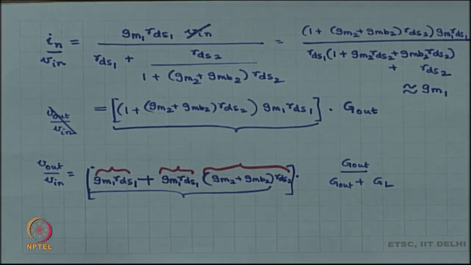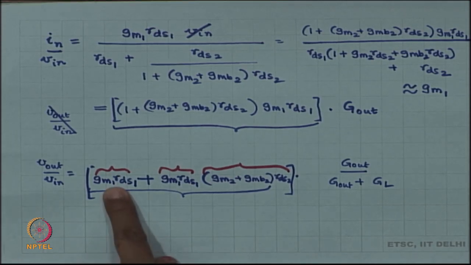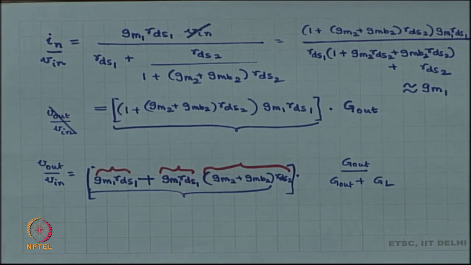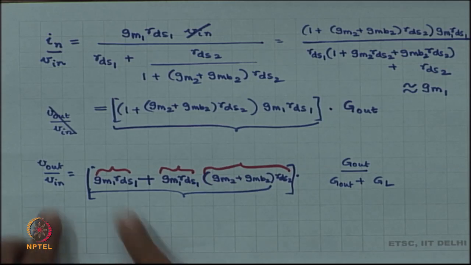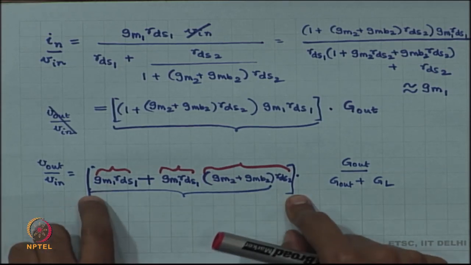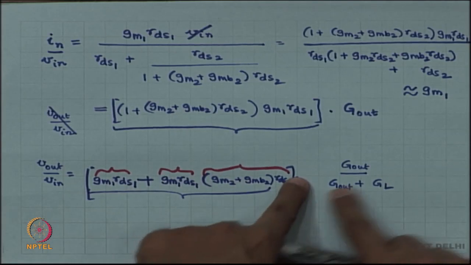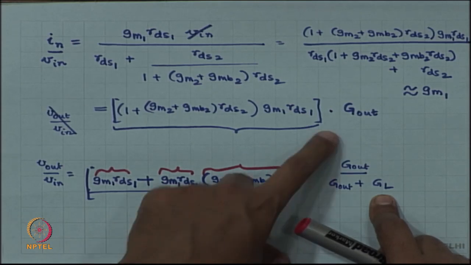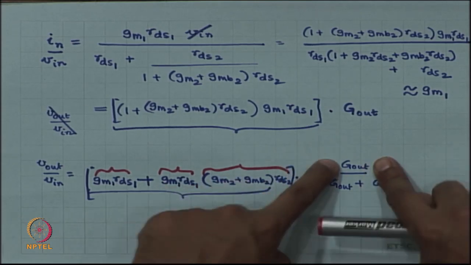Let us say each of these intrinsic gains is a factor of 100. So, 100 plus 100 times another 100, right. So, what have you got? You have got 10,000. Okay. So, this entire portion is a factor of 10,000 times G out by G out plus G L, and I already know that G out is very large.